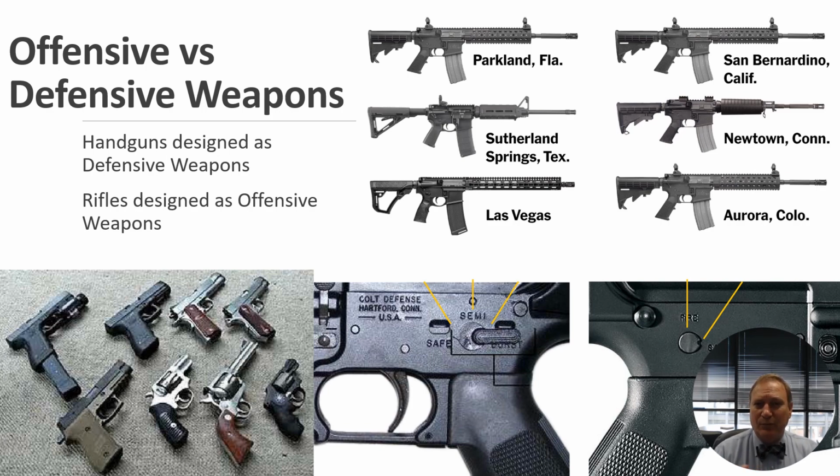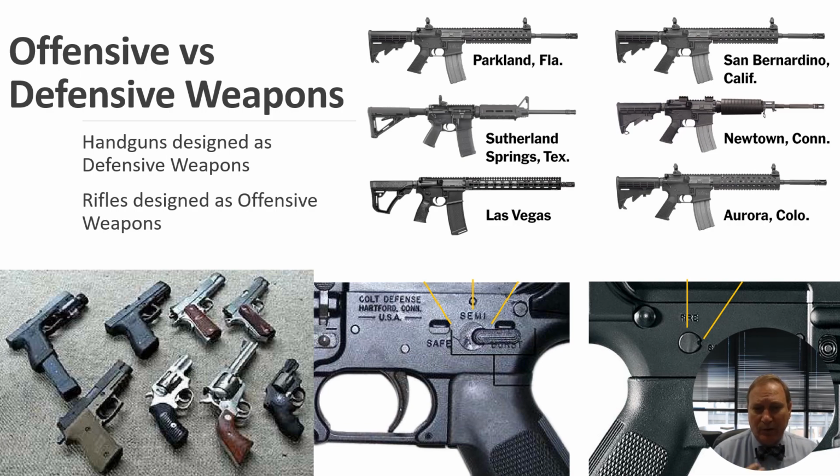But anyway, the whole point is just to understand that if someone's using an offensive style weapon, without getting into the nuances of specifically what type of rifle it is, an AR style weapon is far more dangerous, can produce far more catastrophic injury, and is a lot more deadly, even for people wearing what would otherwise be ballistic body armor.